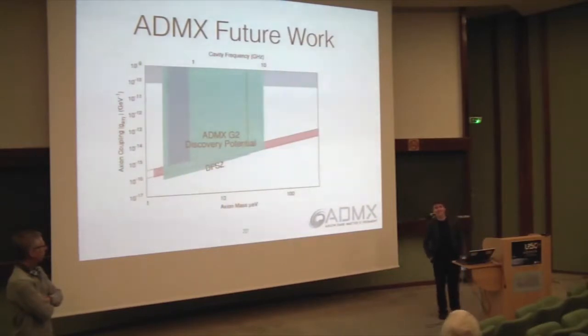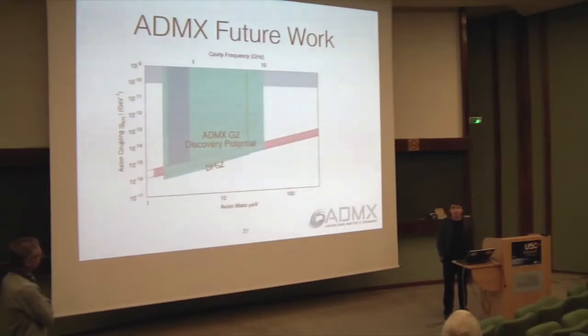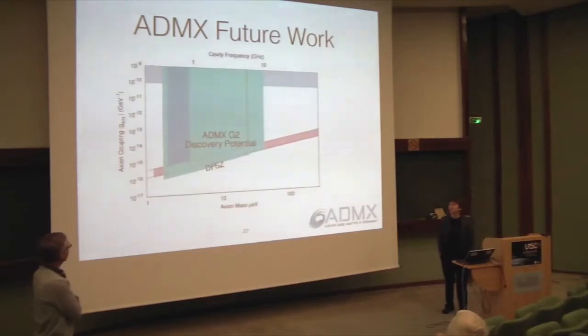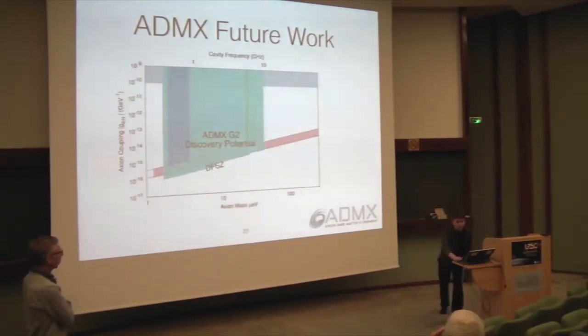Oh, I think the primary goal is to hit DFSZ. I don't think we'll try to go beyond that, but we should be able to hit DFSZ with the array. And at high frequency, will the high frequency setup be able to go down to DFSZ or KSVZ? In the 1 to 2 gigahertz range, we expect so.